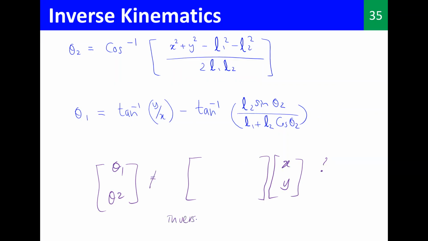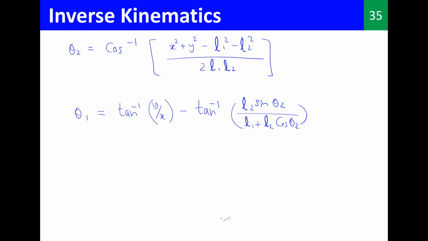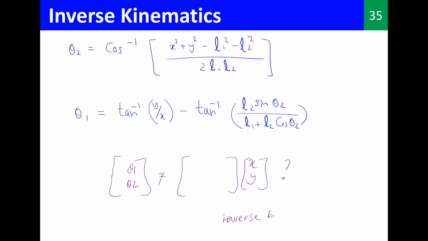So unfortunately, inverse kinematics is also not linear.